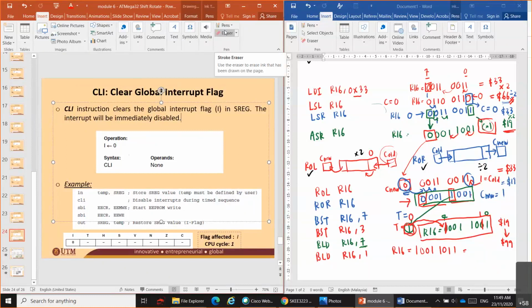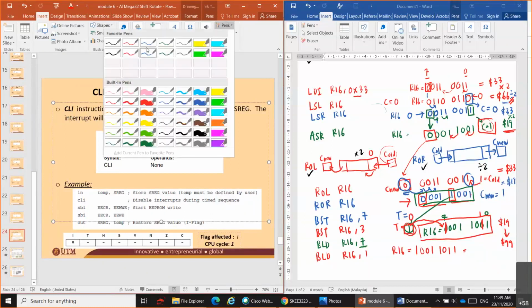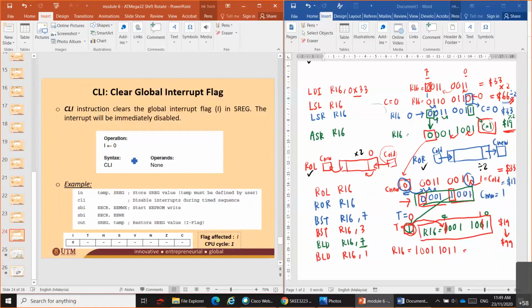If you don't want to use this instruction, you can always use the other one. What is the other instruction for this one just now? BCLR, yes.